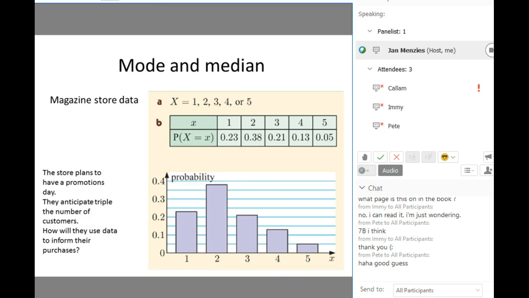Okay. All right, so the last one is looking at a magazine store and presenting the data in a table. So if you read on the left, they're promoting their magazine store and they anticipate triple the number of customers. Have you got any idea how you would use the data to decide how many magazines to buy?